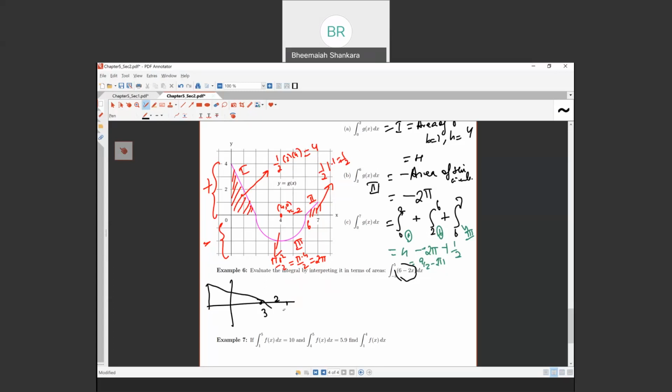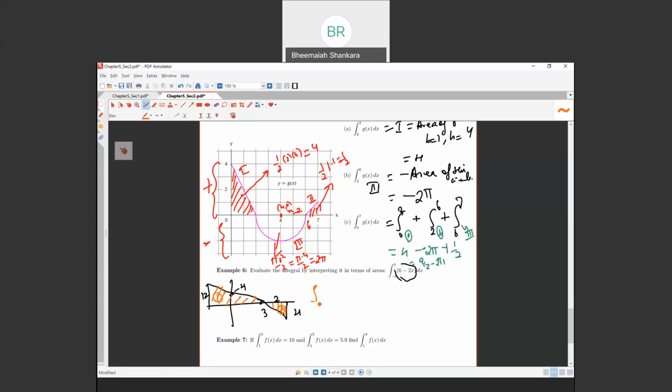So draw a straight line. This height is 4 and this height is 12. And this point is negative 4. I'm going to mark this shaded region as 1 and mark this shaded region as 2.